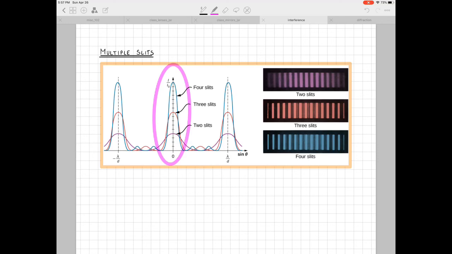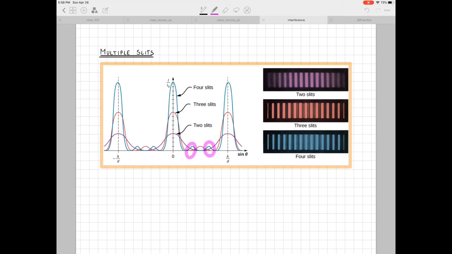And so as you add more and more slits, the central primary peaks get higher in peak value and narrower. The other thing that happens is you get secondary peaks as you add more slits. With 2 slits you don't have any secondary peaks, but with 3 slits we have 1 secondary peak, and with 4 slits we have 2 secondary peaks.